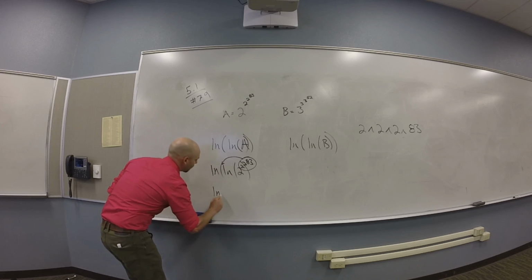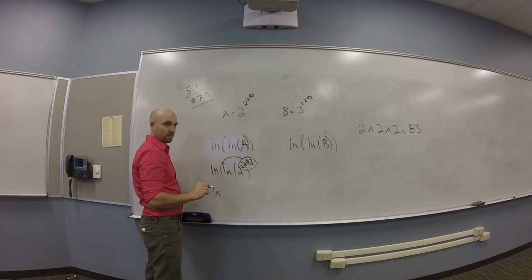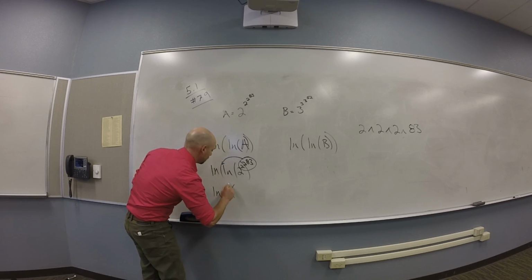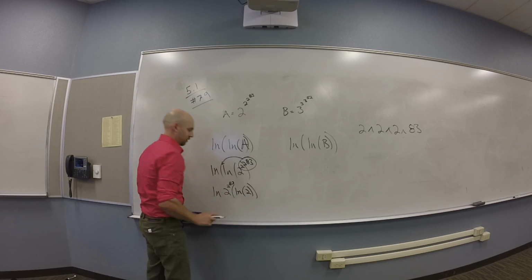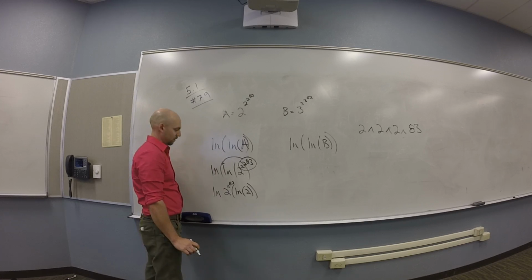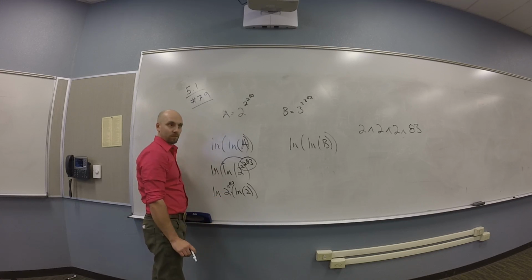So now I'd have log of 2 to the 2 to the 83rd times log of 2. Those are multiplied, right? You guys with me on that?